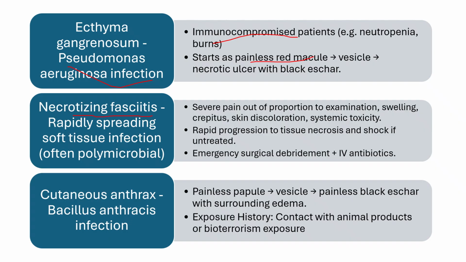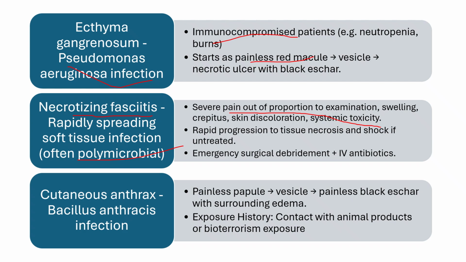Necrotizing fasciitis is a rapidly spreading soft tissue infection, often polymicrobial, by gram-negative and anaerobic organisms. The characteristic initial finding is severe pain out of proportion to examination. So initially you may not see the actual necrosis over the skin. You have a deeper infection first, and there you have pain out of proportion to the examination findings.